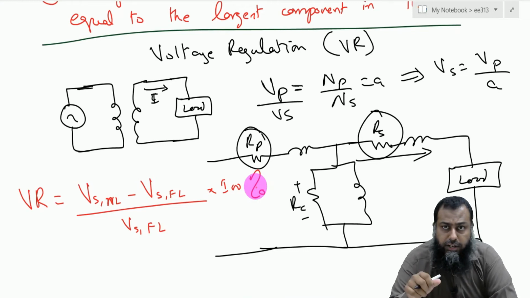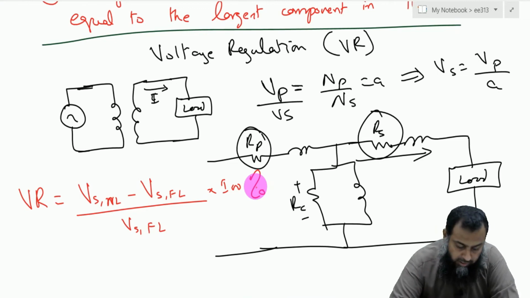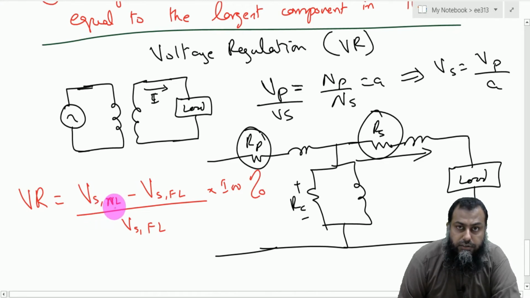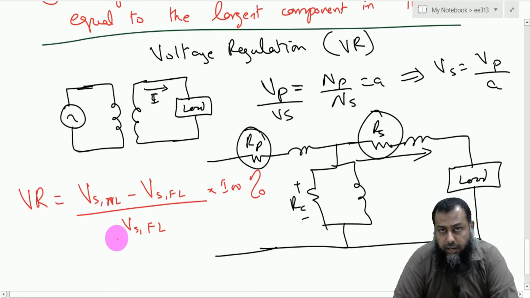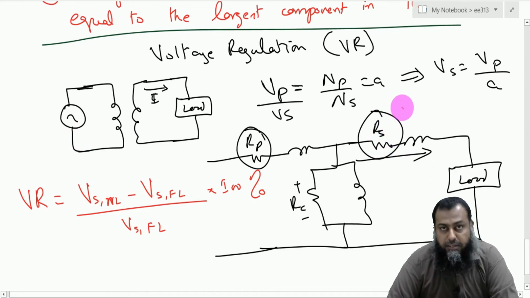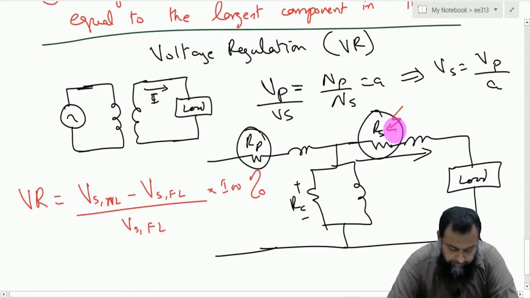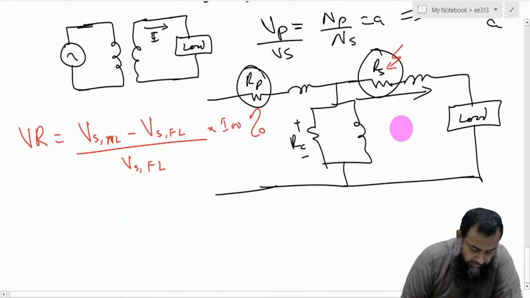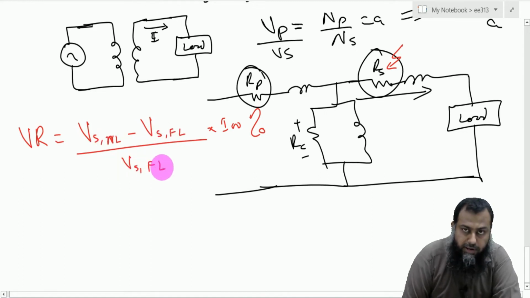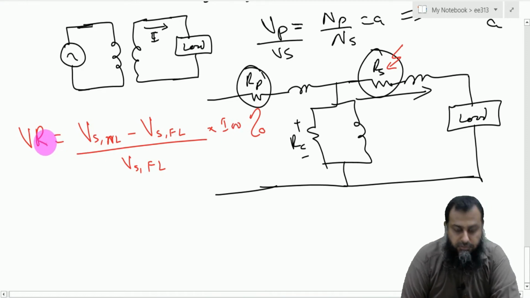We want the secondary voltage to be exactly the same as the voltage we obtain at no load. But this does not happen in practice, because of the Rs present in the secondary winding. So the voltage at no load on the secondary minus the voltage of the secondary at full load, divided by the voltage of the secondary at full load, multiplied by 100, gives us the voltage regulation of a transformer.